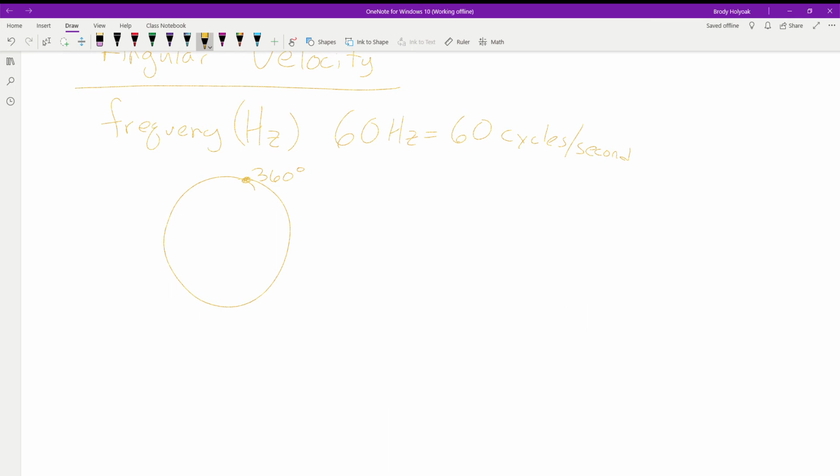So all angular velocity is, is your frequency multiplied by the degrees it can travel. That's all angular velocity is. We want to know how many degrees we are traveling based on how fast our speed is.